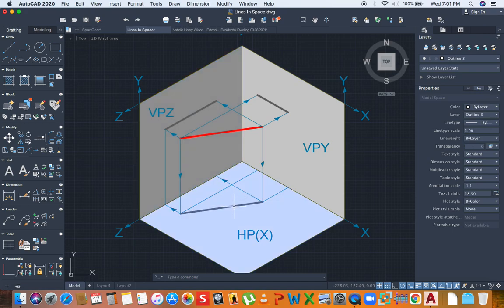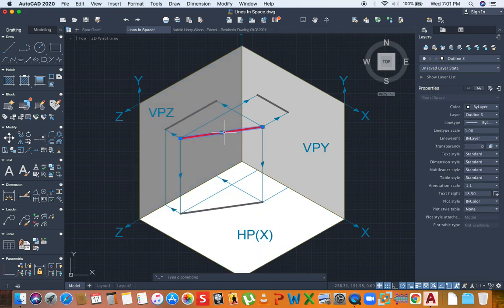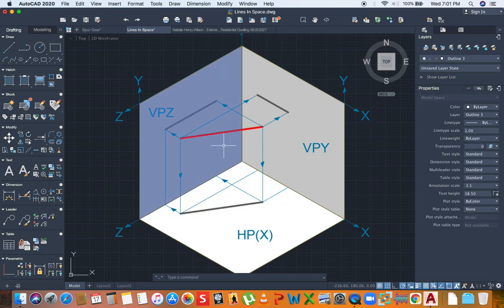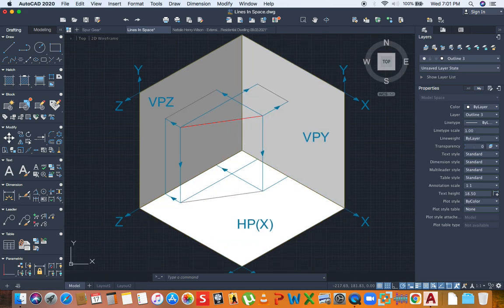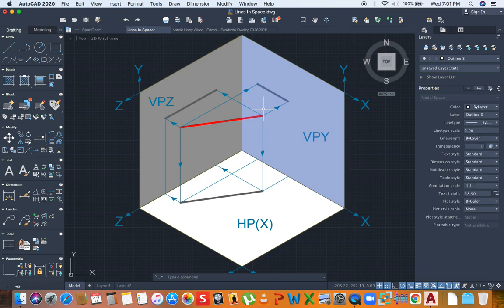It is appearing at an angle here. And if you notice, this length looks like this length. Right? So in this example, this would be the true length of this line, while the other views are not showing the true length. And if you notice, the lines are horizontal here.